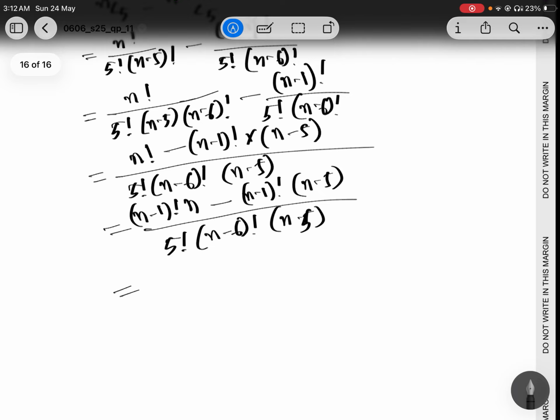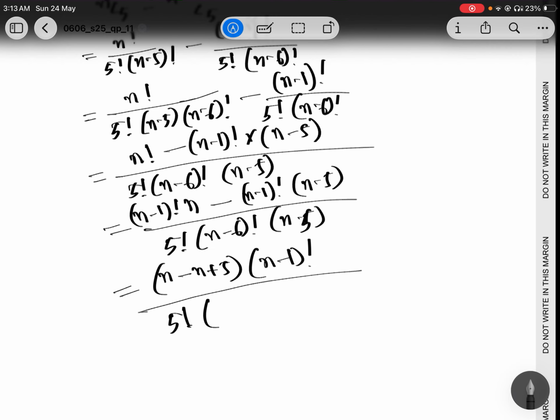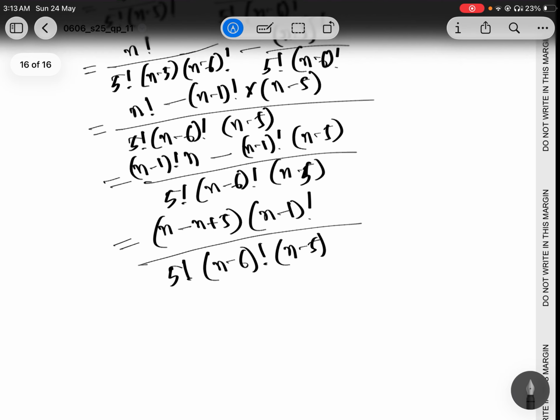So on the top we can write n minus n plus 5, n minus 1 factorial. On the bottom we write 5 factorial, n minus 6 factorial, and n minus 5. So on the top, that is 5 times n minus 1 factorial.